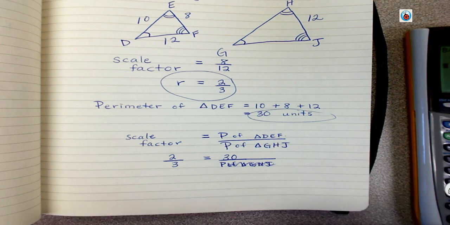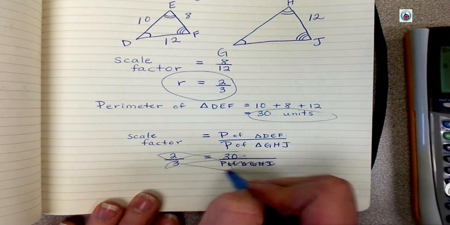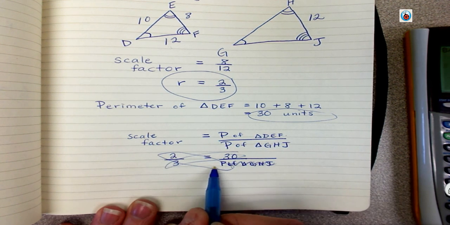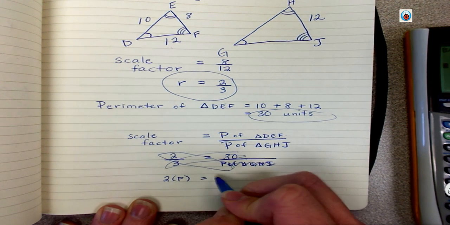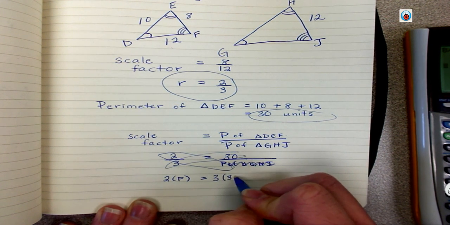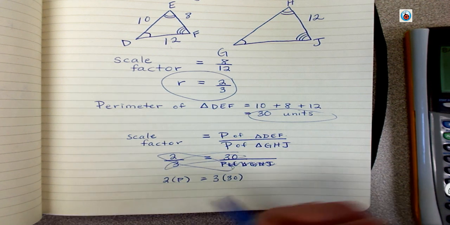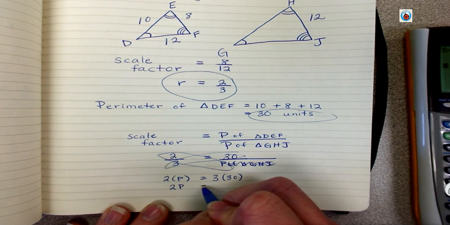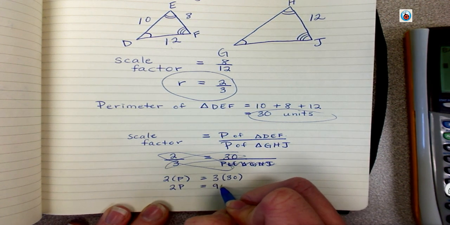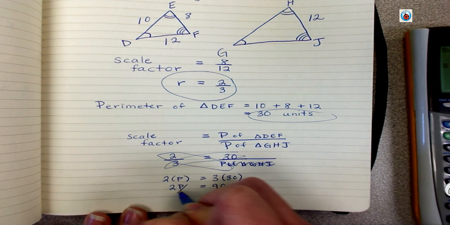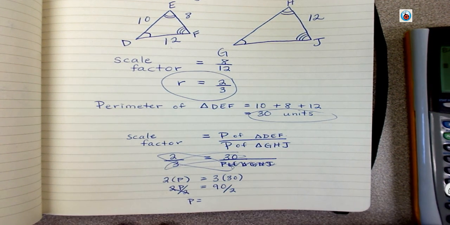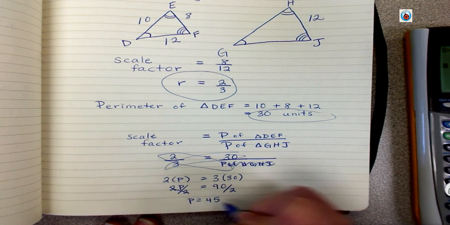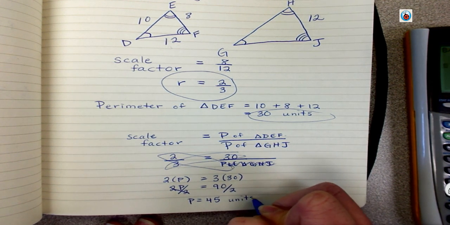Well, that's a pretty simple proportion to solve. I'm going to cross multiply with these. So 2 times P equals 3 times 30, and then work that out. So 2 times P is 2P, 3 times 30 is 90. Divide both sides by 2, and we get P equals 45 units.